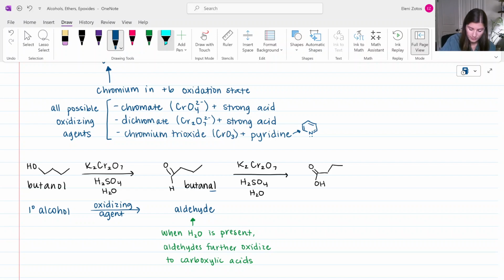Adding to the blue writing down here, we have the aldehyde. We add oxidation or oxidizing agent, and we continue to the carboxylic acid. This is butanoic acid.